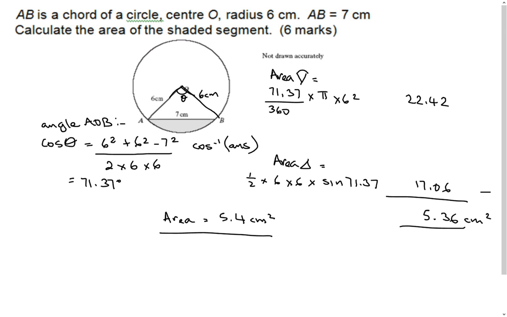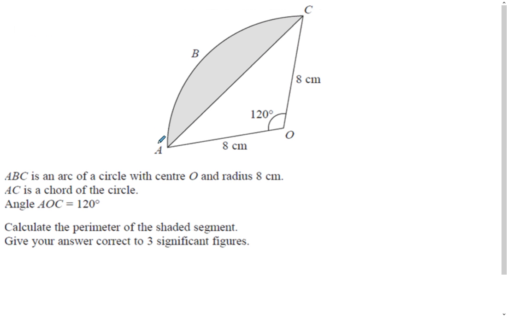Getting smarter and smarter. Okay, ABC is an arc of a circle with center O and radius 8. That's the chord. This time we have to find the perimeter of the shaded segment. So what we need to find is first find that length, which is the arc length.